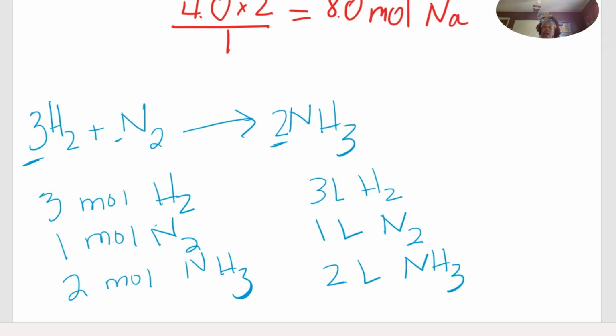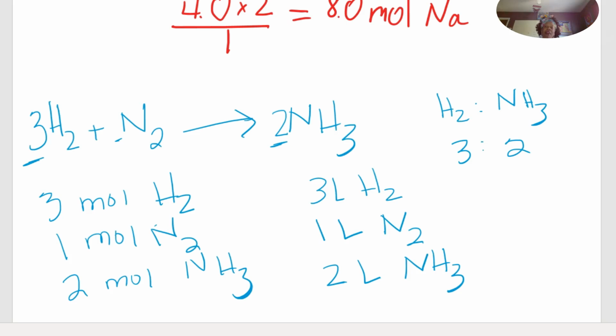Now, on the flip side of this, if I ask you to give me a mole to mole ratio of, let's say, hydrogen to ammonia, okay? All I'm going to do is look at the coefficient, and that's going to tell me my mole to mole ratio. I have 3 moles of hydrogen to 2 moles of ammonia.